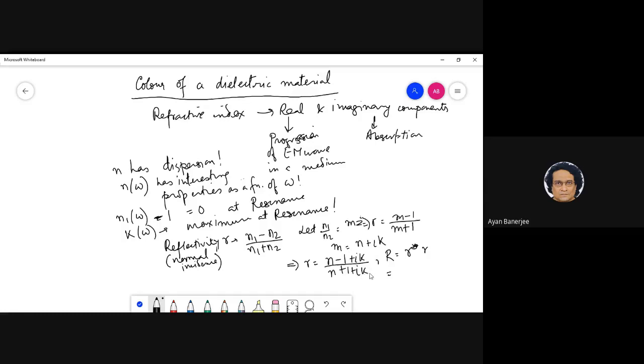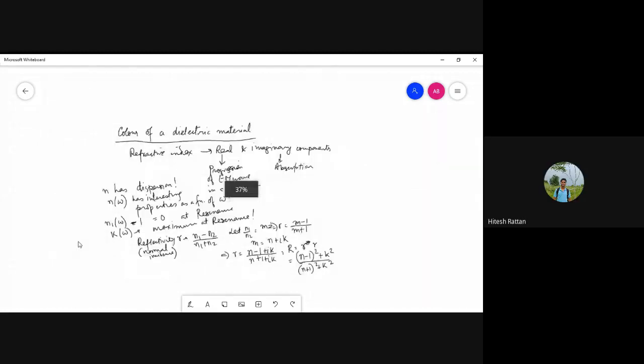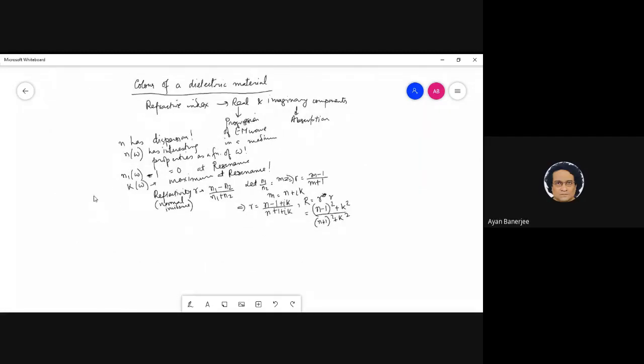Correct? Can I write this? Is this fine? So then this is my reflectivity.